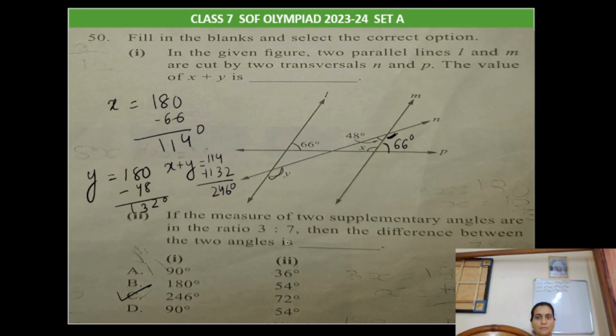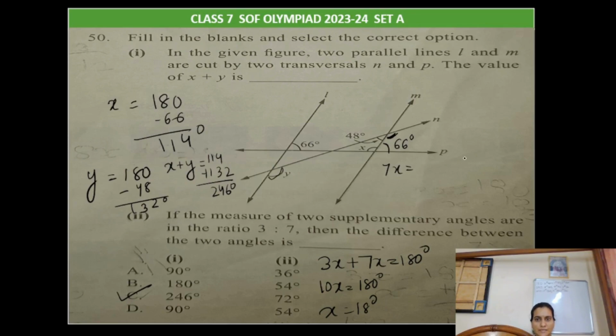If the measure of two supplementary angles are in the ratio 3:7, then the difference between the two angles is how much? Now if they are supplementary angles, means 3x plus 7x equal to 180 degree. That means 10x equal to 180 degree, or x value is equal to 18 degree. So 7x will be equal to 7 into 18.